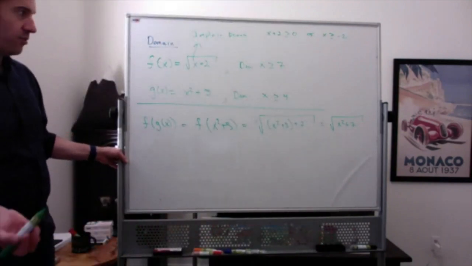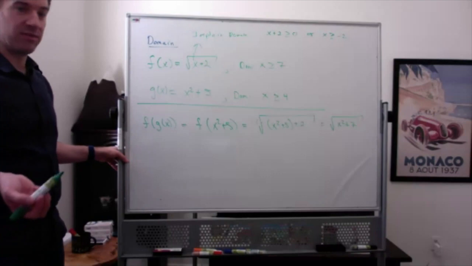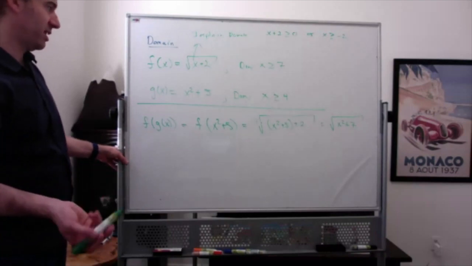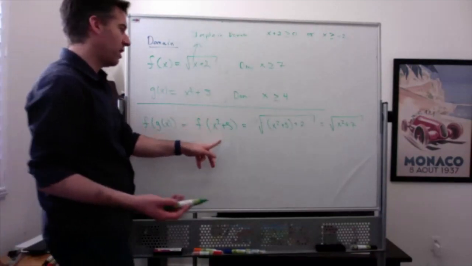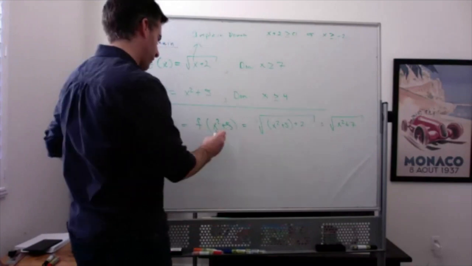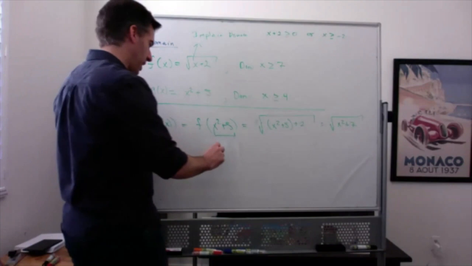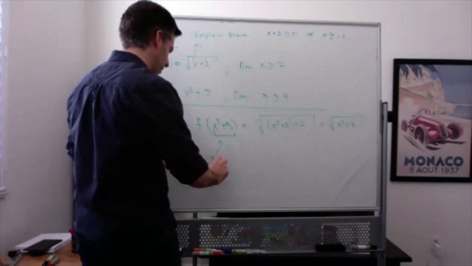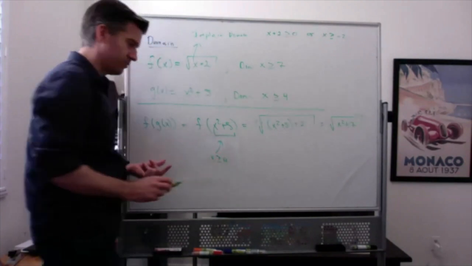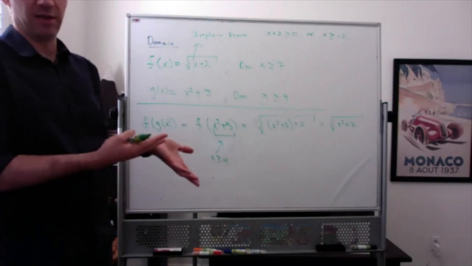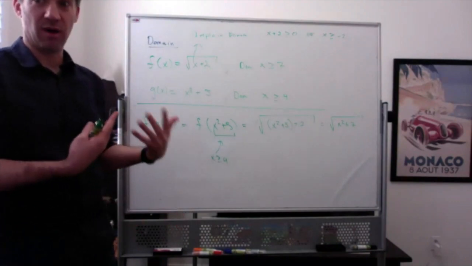Okay, so we have to check that the domain of the inner function and the outer function are both satisfied here. So first off, since we've got x squared plus 5 as our inner function, we have to have that x is greater than or equal to 4, because the inner function isn't really being modified in any way.